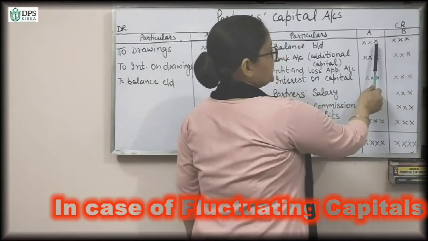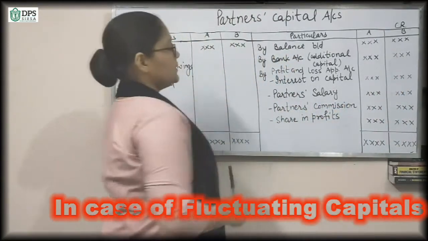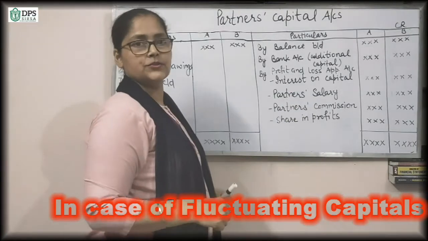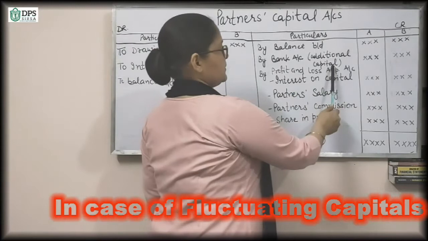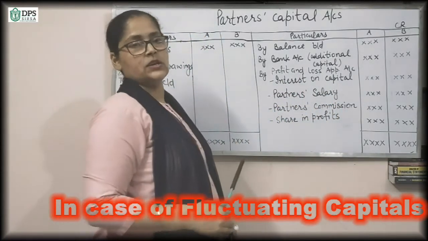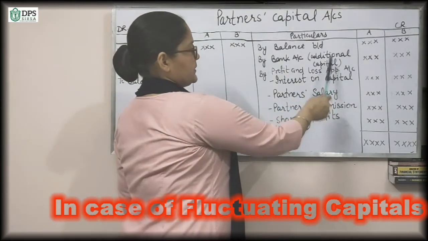It will be on the credit side. Next entry is by bank account. If a partner is introducing additional capital, then the partner's bank account will be there. By bank means the partner is bringing cash in the form of additional capital.